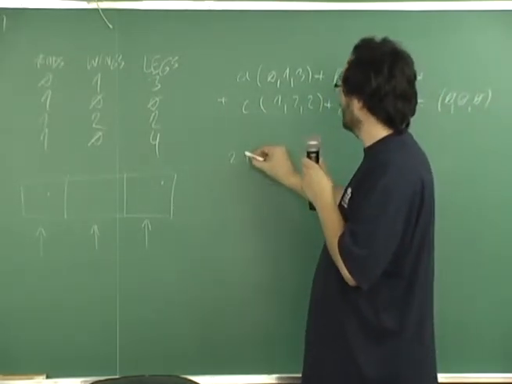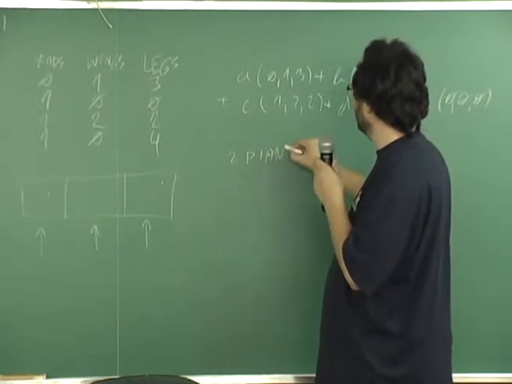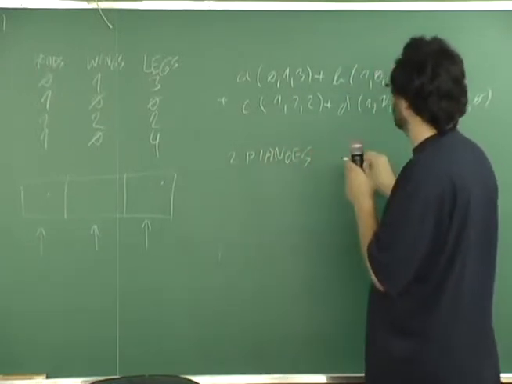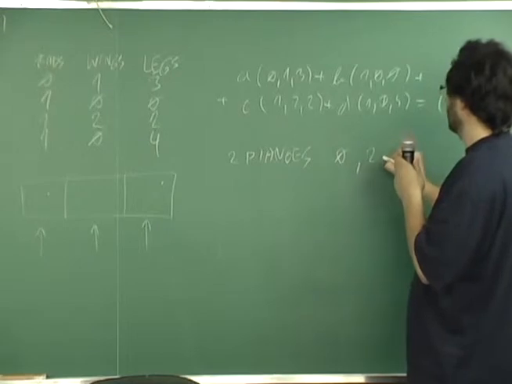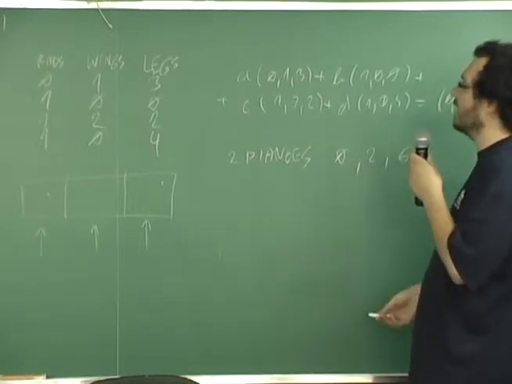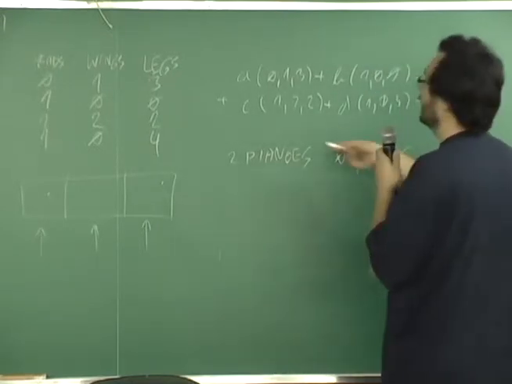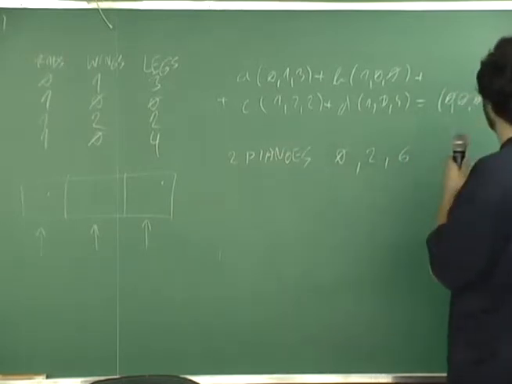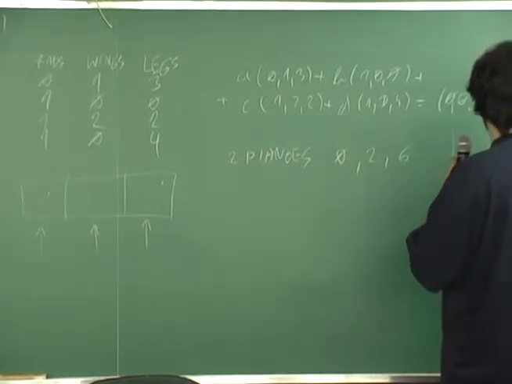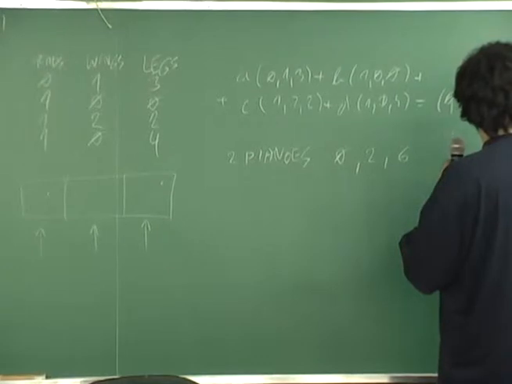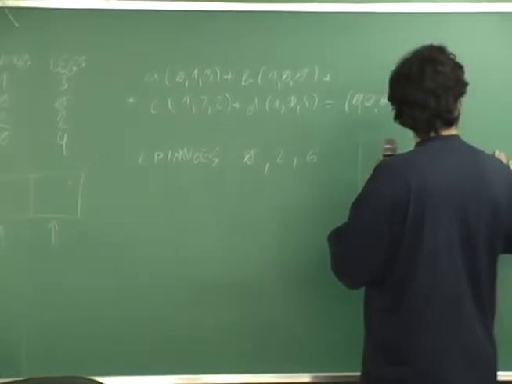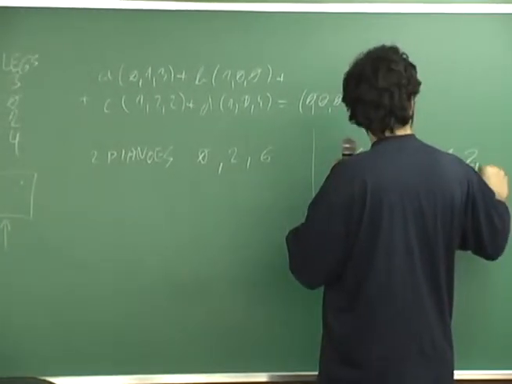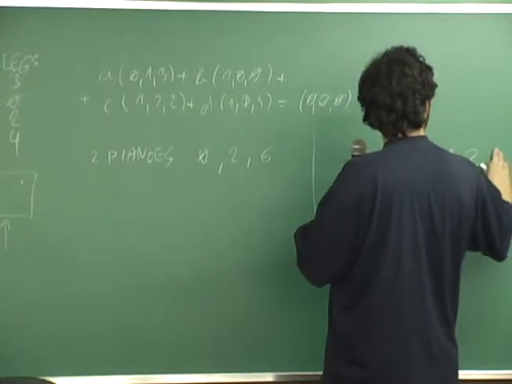So we have 2 pianos, which gives us 0 heads, 2 wings, and 6 legs. In order to have 2 wings, you have to place a chicken on the other side of the scales, so to say. So you have a chicken here, which is 1 head, 2 wings, and 2 legs.